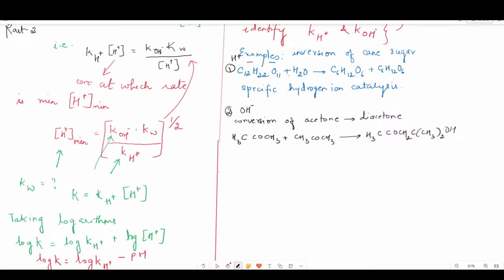This is another example. We can say this is one.